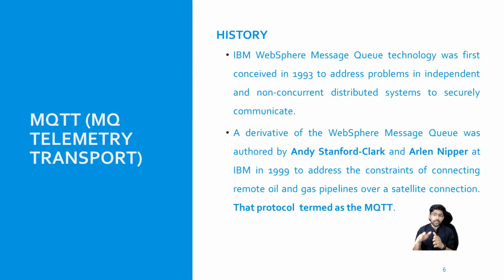A derivative of the WebSphere Message Queue was authored by Andy Stanford-Clark and Arlen Nipper at IBM in 1999 to address the constraint of connecting remote oil and gas pipelines over a satellite communication. So this was the major thing. That's how your MQTT protocol implementation started. They started thinking about how to connect remote oil and gas pipelines over satellite communication, so they came up with this concept called WebSphere Message Queue, right?